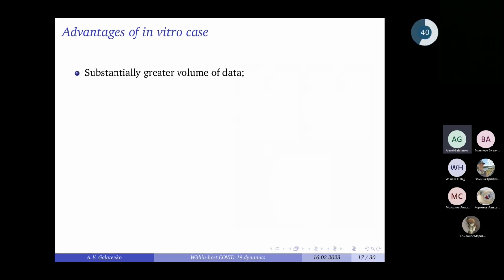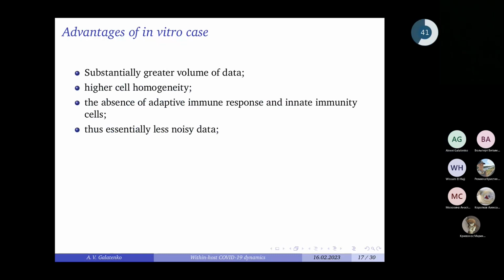Let's move forward. So if we switch from an in vivo model to an in vitro model, we'll have a number of benefits. The first one, we have a substantially greater volume of data. The cells in the cell line are much more homogeneous in comparison with a human being, as there is no adaptive immune response.